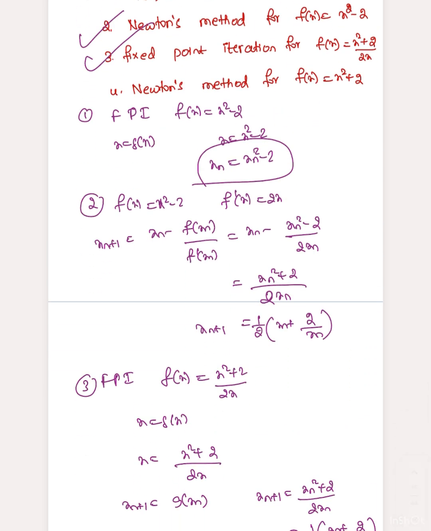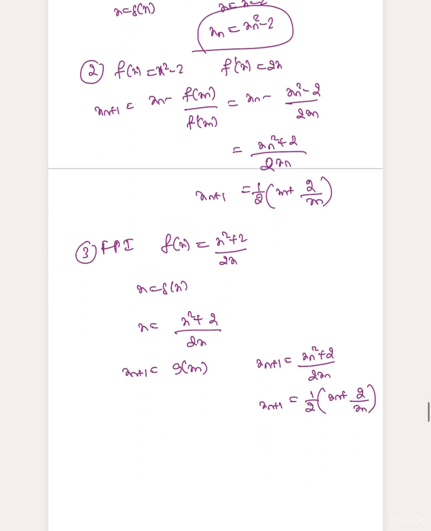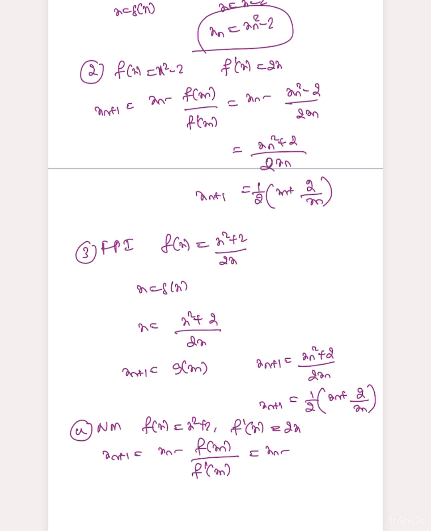And the fourth option says this is Newton's method for x² + 2. We can take Newton's method for f(x) = x² + 2. Here f' will be 2x. Just use the scheme. xn+1 = xn − f(xn)/f'(xn). So this will give xn − (xn² + 2)/(2xn), which is (xn² − 2)/(2xn).